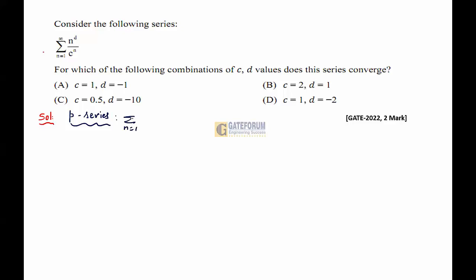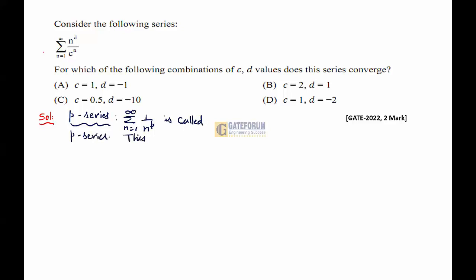Summation. This is a positive term series 1 by n power p. That is sigma 1 by n square, sigma 1 by n, 1 by root n, etc., where p value greater than 1 or less than or equal to 1, is called the P series.